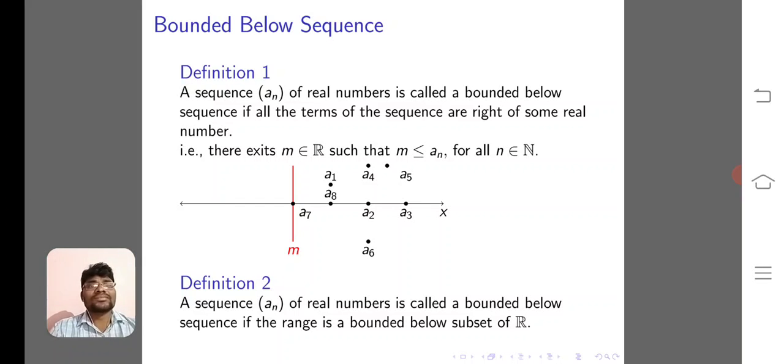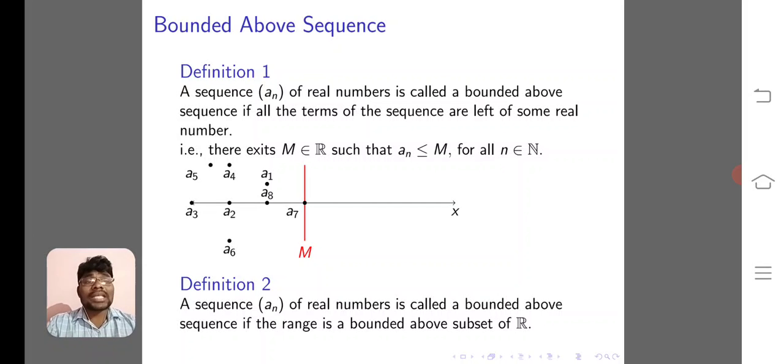Formal definition: there exists an m belongs to R such that m is less than or equal to a_n for all n belongs to N. Another definition: a sequence (a_n) of real numbers is called bounded below if the range of the sequence is a bounded below subset of real numbers.